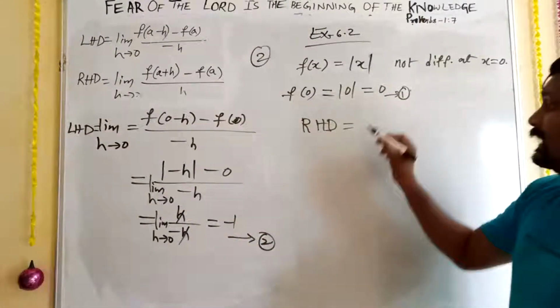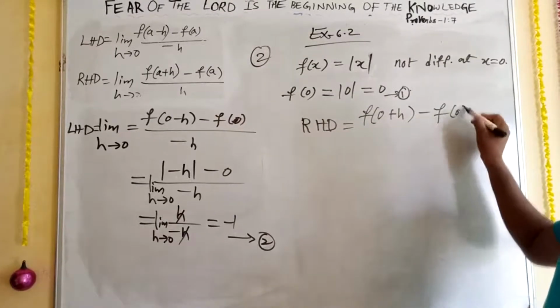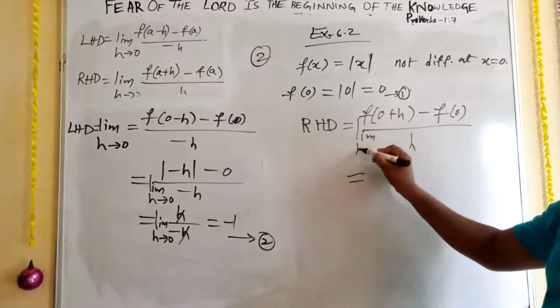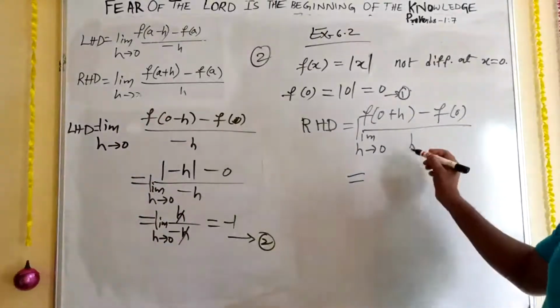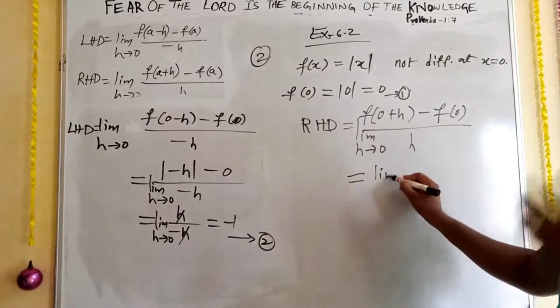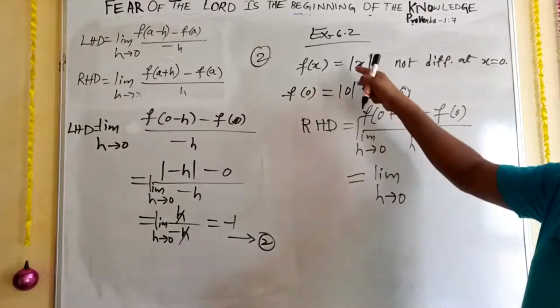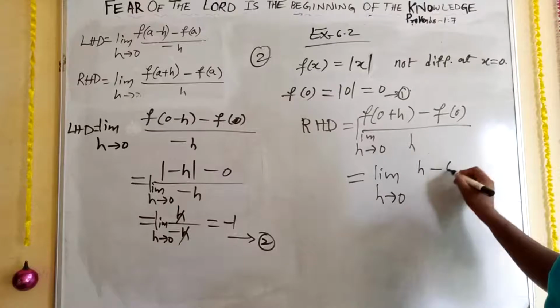So we can write limit h tends to 0, f of 0 plus h minus f of 0 upon h. Now, f of 0 plus h means modulus of h, minus f of 0, which is 0, upon h.